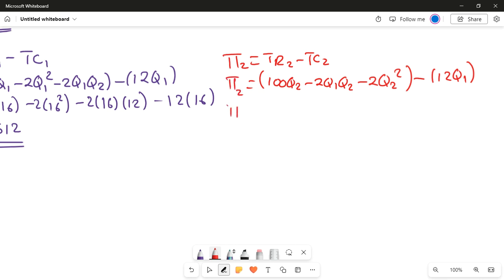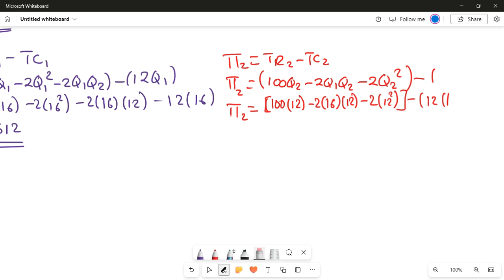So we just do the same thing, we replace. Where there's Q2, we put 12, so it's going to be 100 times 12, minus 2 times 16 times 12, minus 2 times 12 squared, and then minus the cost. Wait, no, the cost here was a mistake.